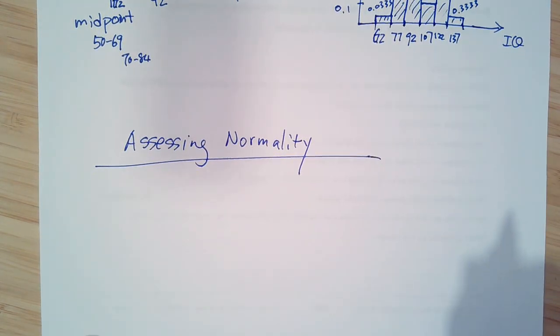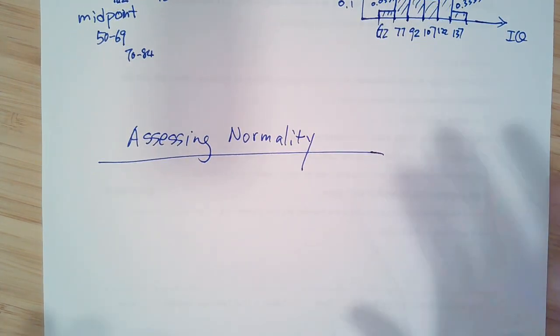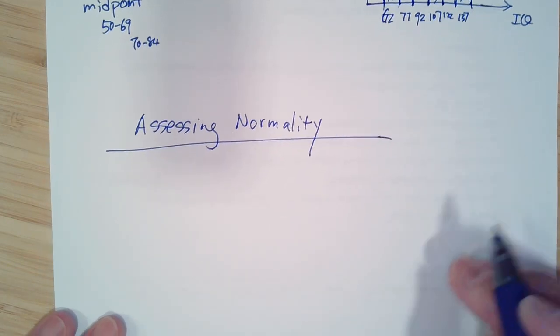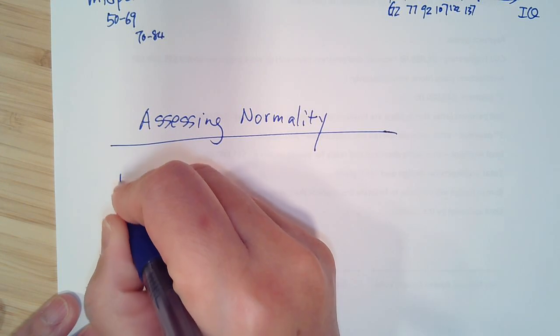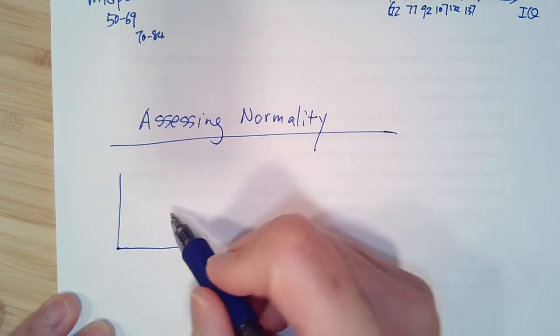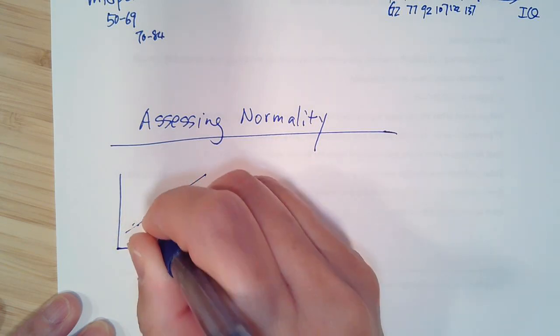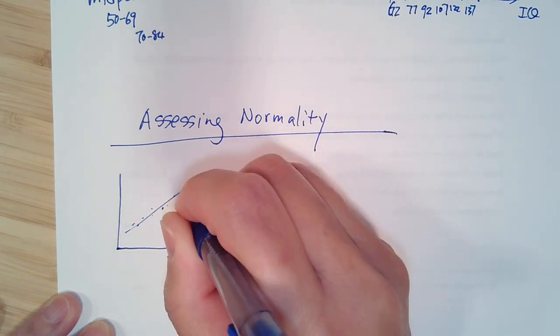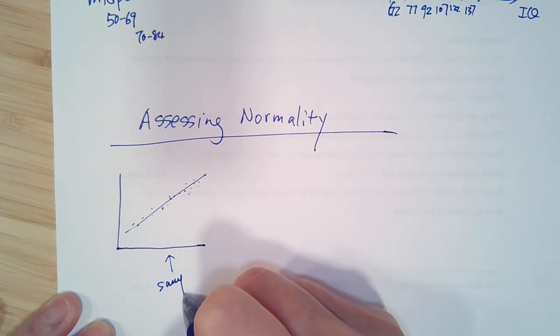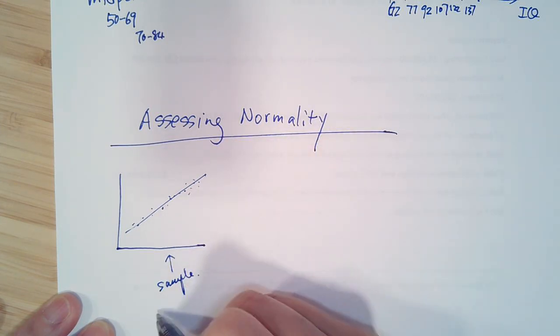I don't really understand why they put it in this chapter, but I want to mention that you're going to see a result that looks like this. There should be a line, and if the dots go along this line, that means your sample data is normal.